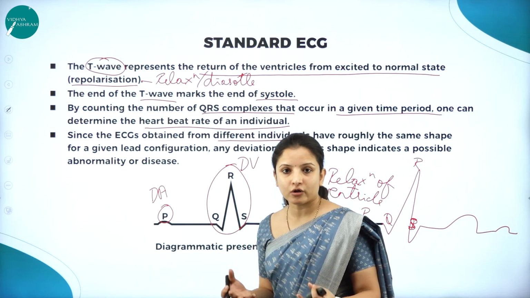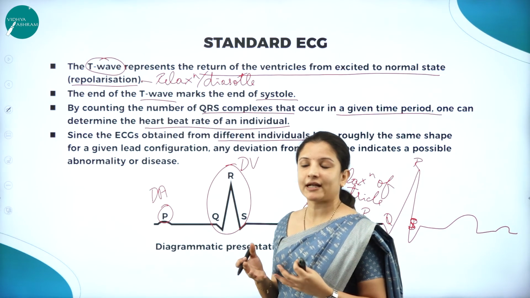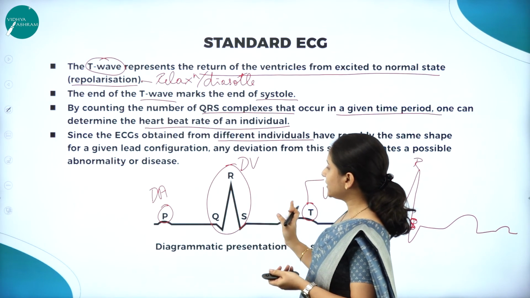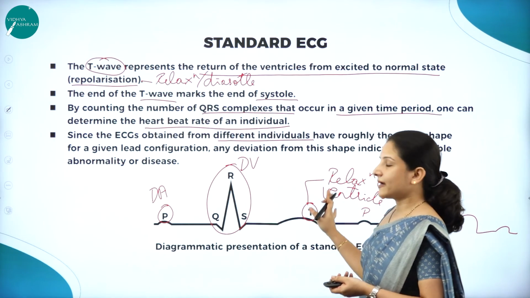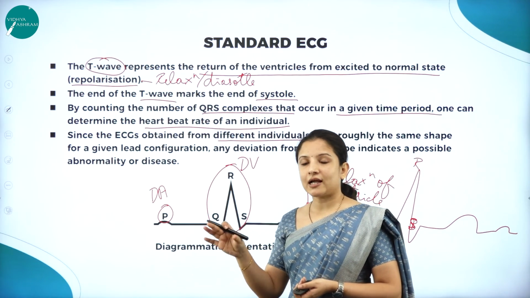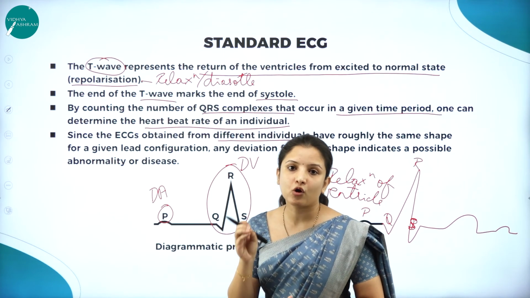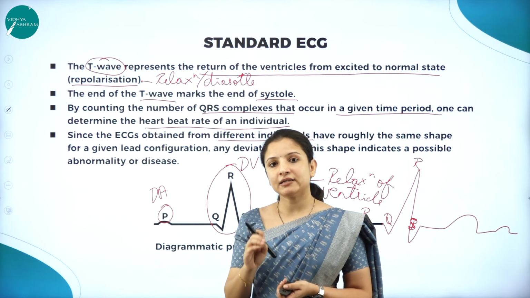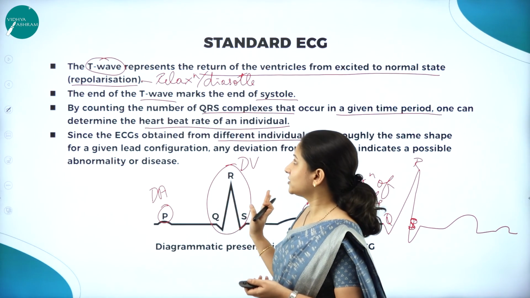He might have a blockage or something. So any abnormality in this standard ECG graph makes the doctor understand that the person has an abnormal heart. Some disease has happened to the heart. That is how it is understood.